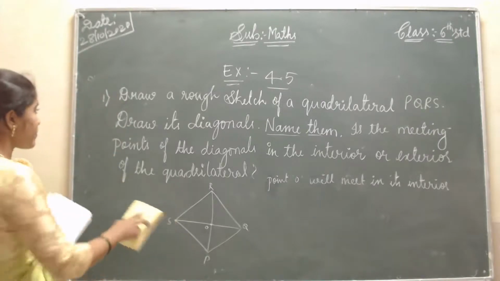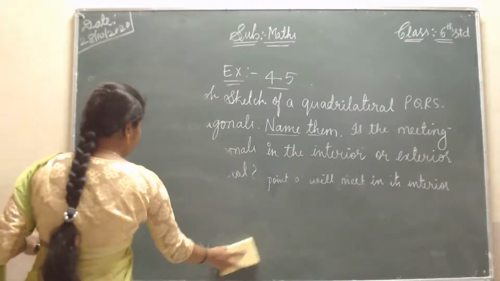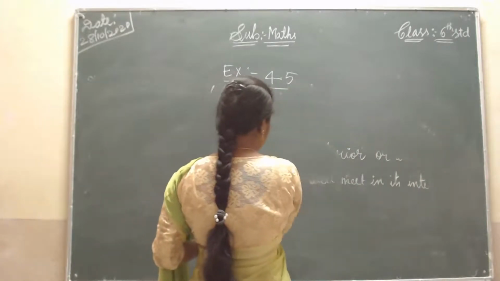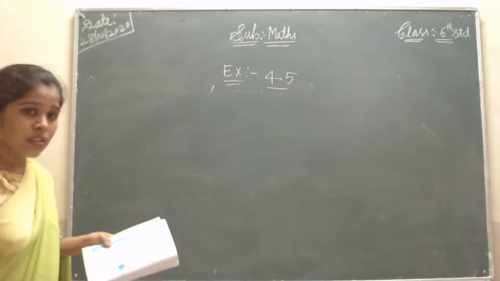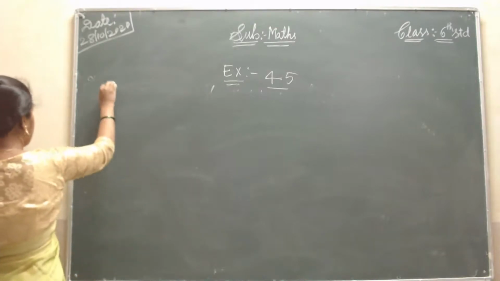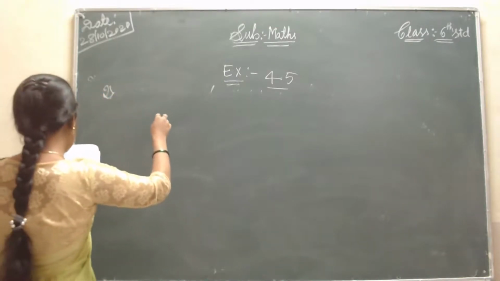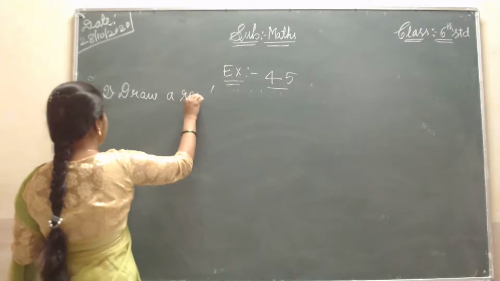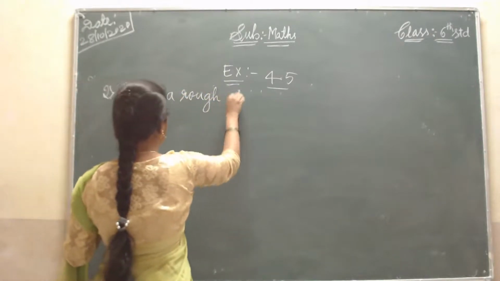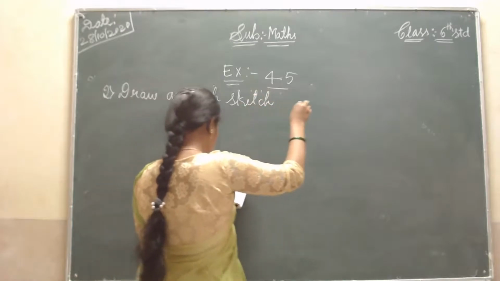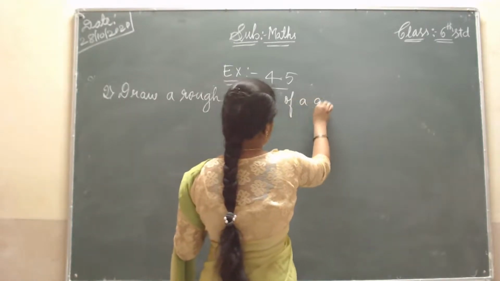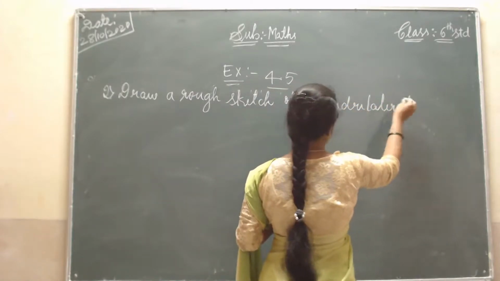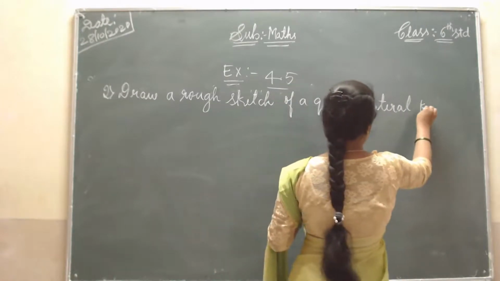Next, second question. Draw a rough sketch of a quadrilateral KLMN.